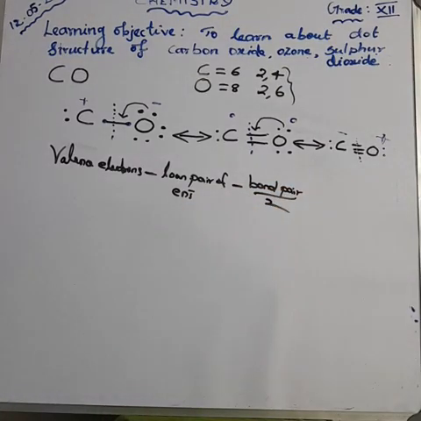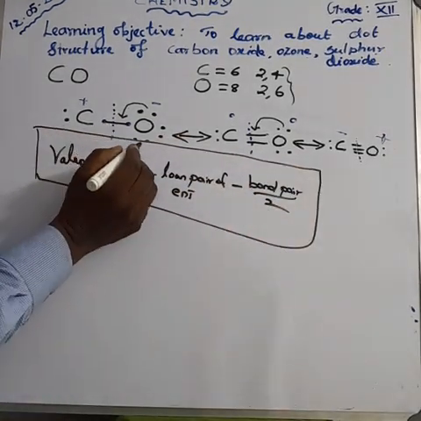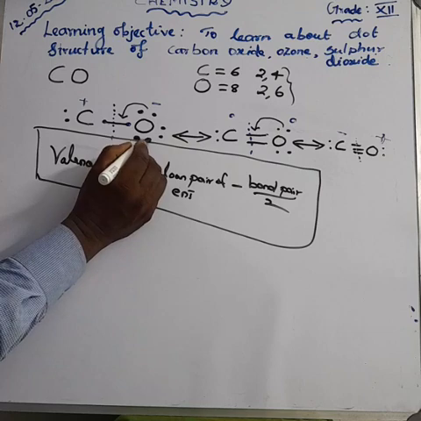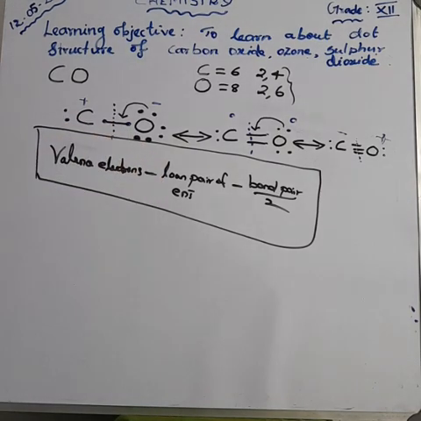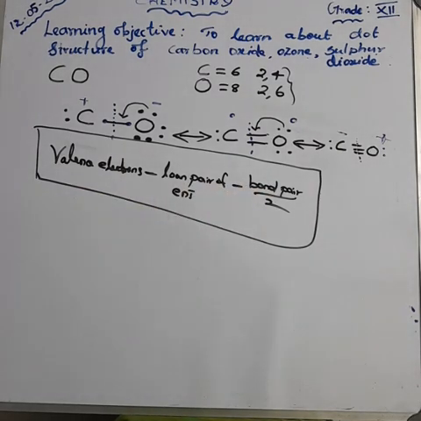Okay, this is our formula. Can you understand, children? What is the formula here? Valence electron minus lone pair of electrons minus bond pair divided by 2.